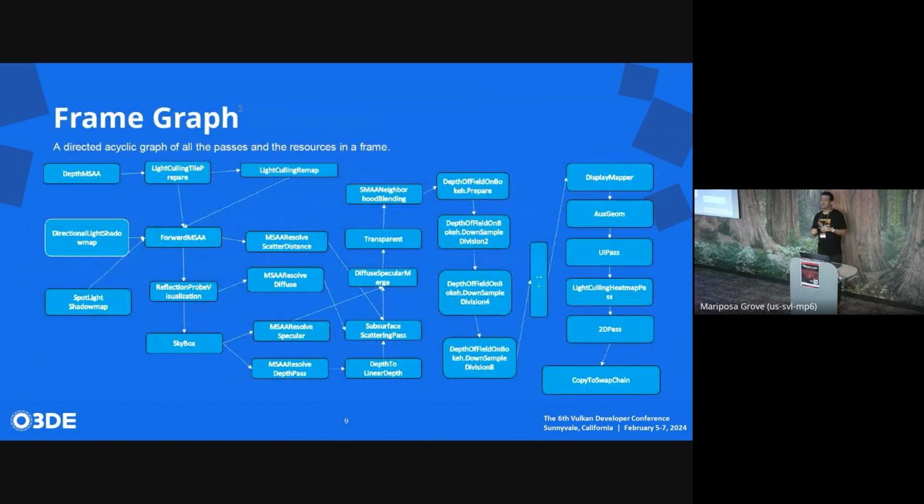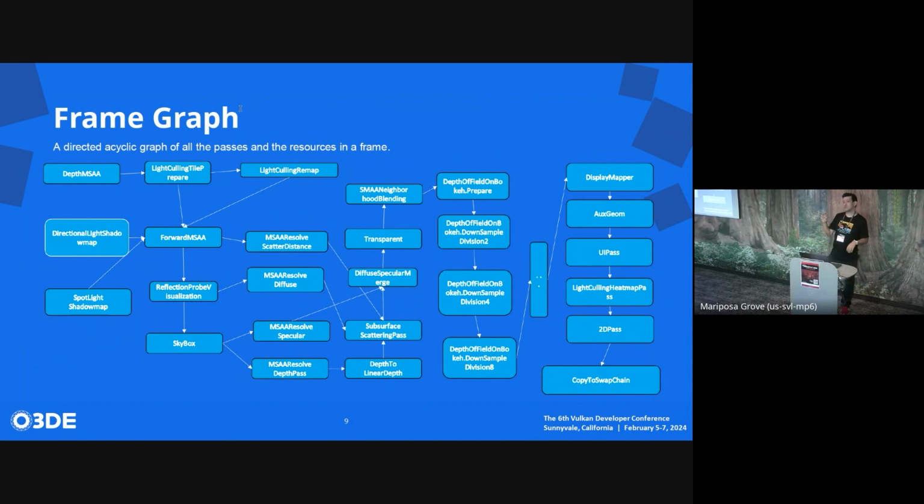So in order to capture the whole frame structure, O3DE uses a data structure that we call the frame graph. The frame graph is a directed acyclic graph that contains all the passes and all the resources that are going to be used during the frame. So this gives us the full view of the frame, and this is what I mean by the frame structure.